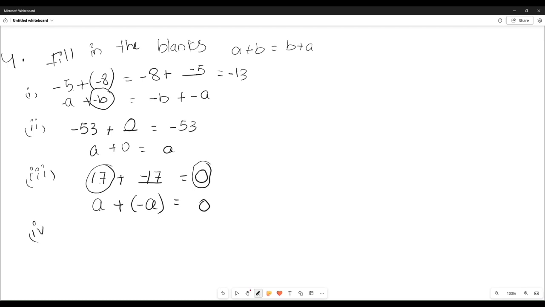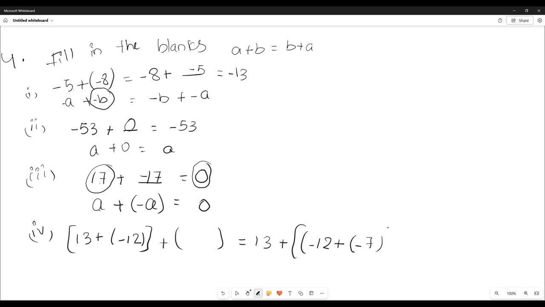Next, the fourth question. 13 plus of minus 12 plus blank equals to 13 plus of minus 12 plus minus 7.